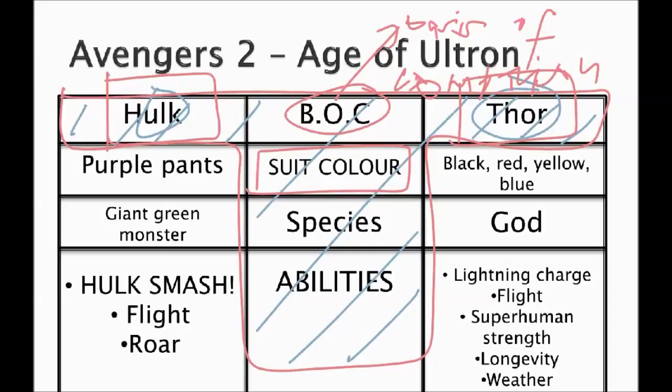You put on the left side, because this is item 1. Item 2, you put on the right side. So if you see that the two things are the same, they are similar. If you see the two things are different, they are different. So Hulk and Thor, alright, are different in their suit color.